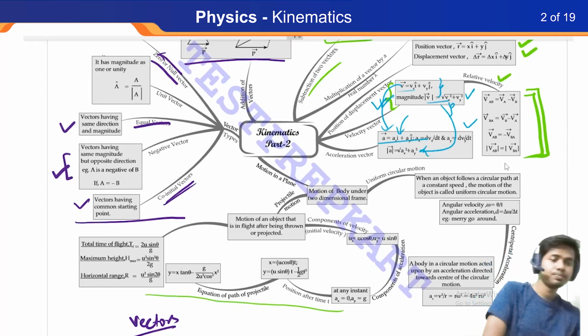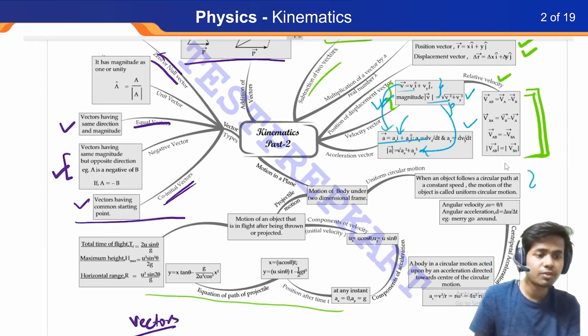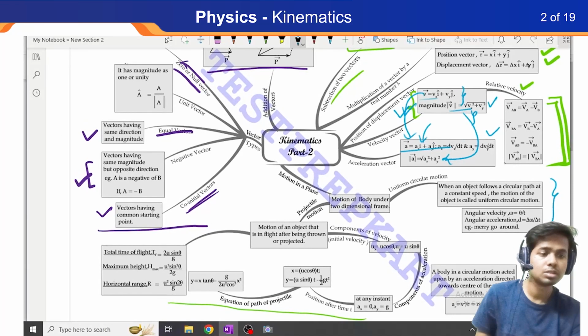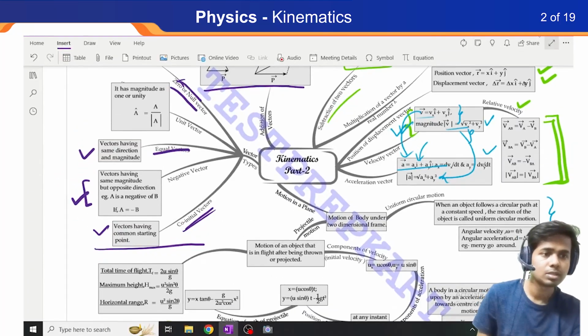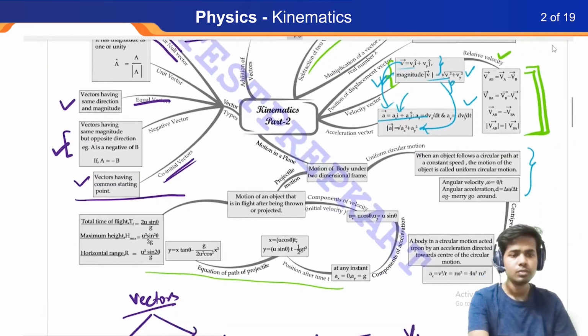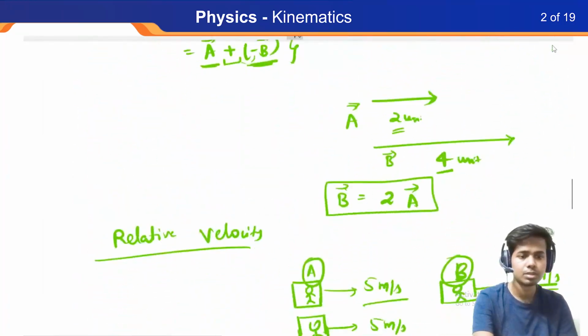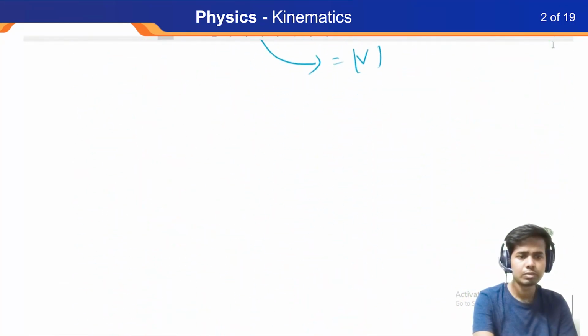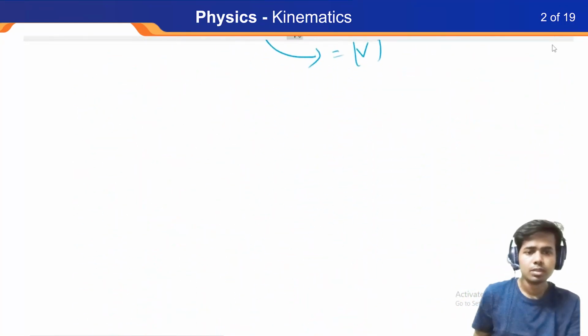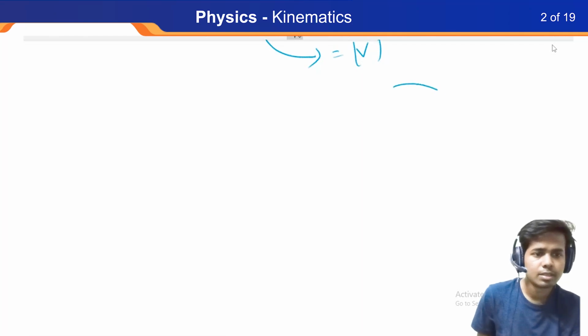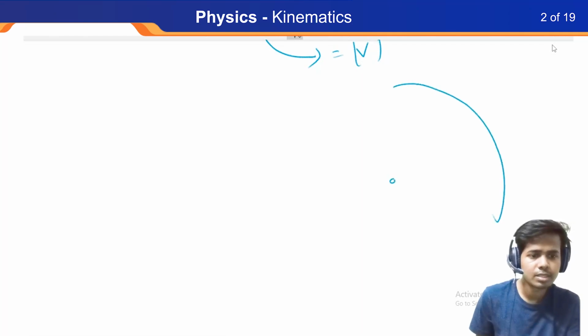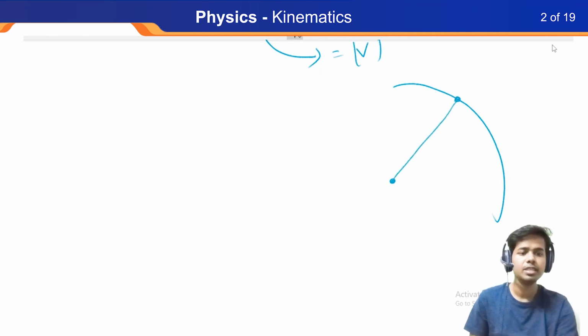Now, let's come to uniform circular motion. Let's say this is a pebble, and it has been tied, or held in your hand here.